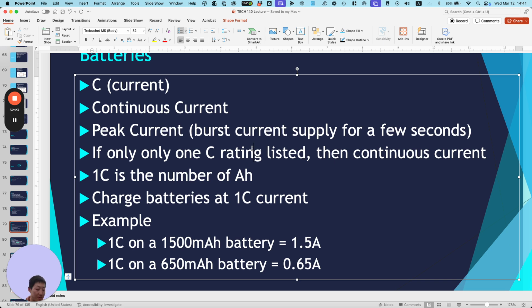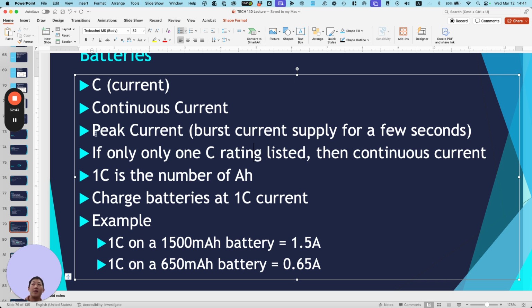And in this case, what do you see here? 95C. Now 95C does not equal 95 amps though. The C is a variable and it depends on the capacity of the battery. I want to clarify that point.